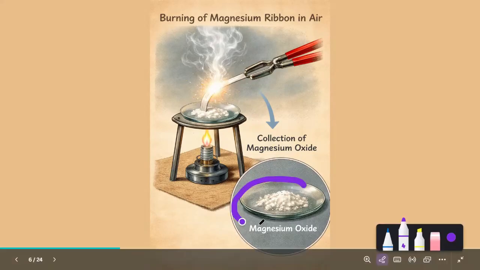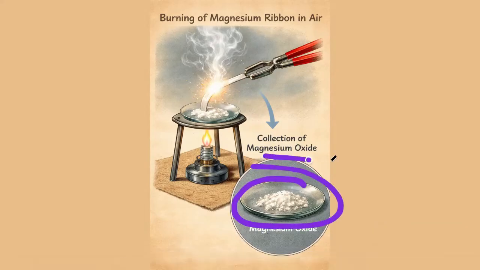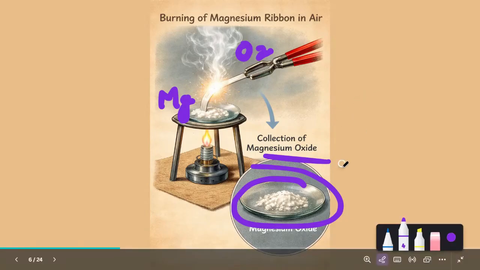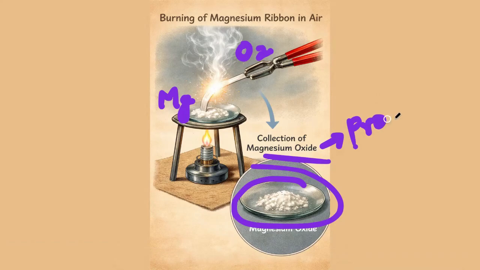A white powdery substance, and that is magnesium oxide. So here our reactants are magnesium and oxygen in the air, and we are getting the product, that is magnesium oxide.